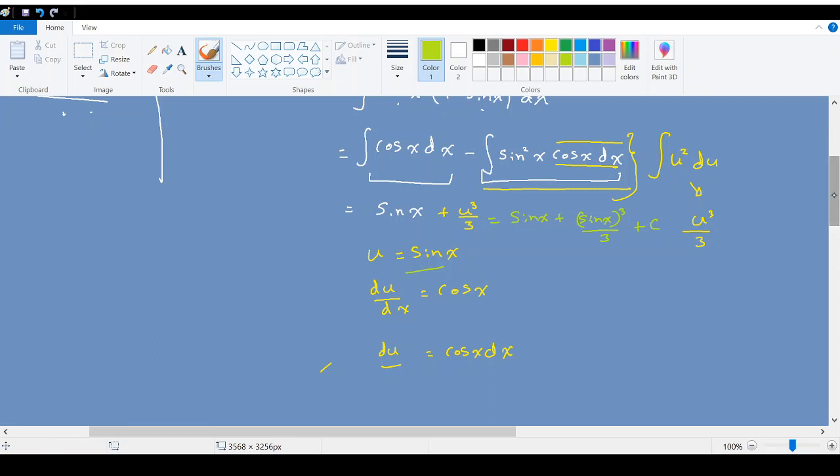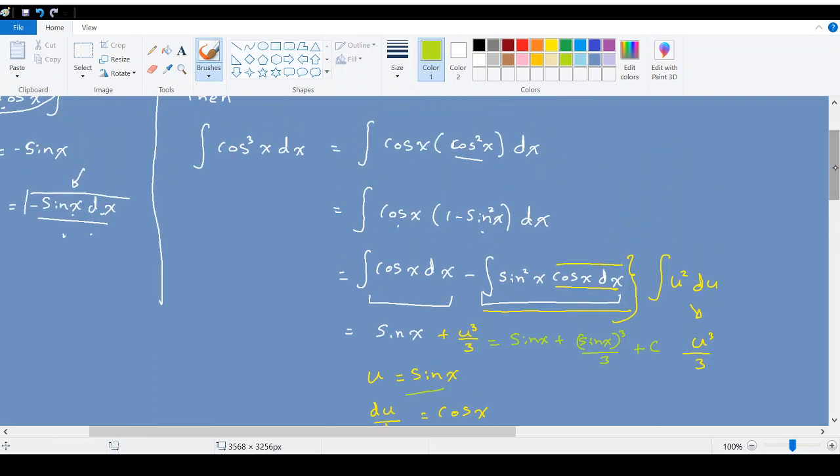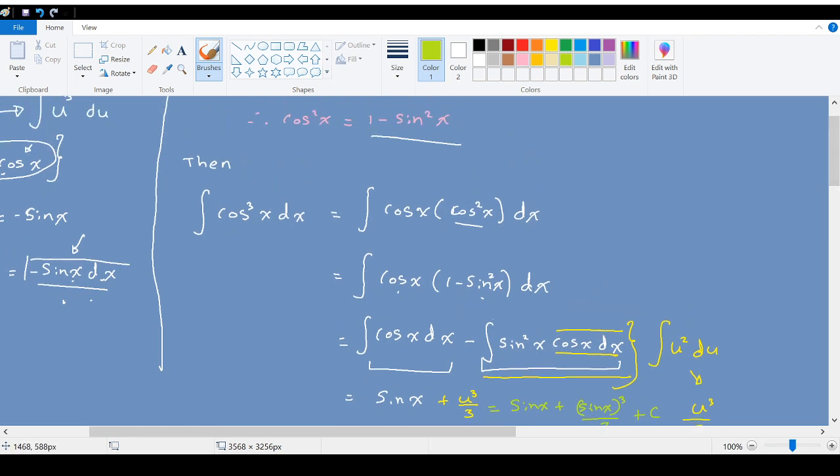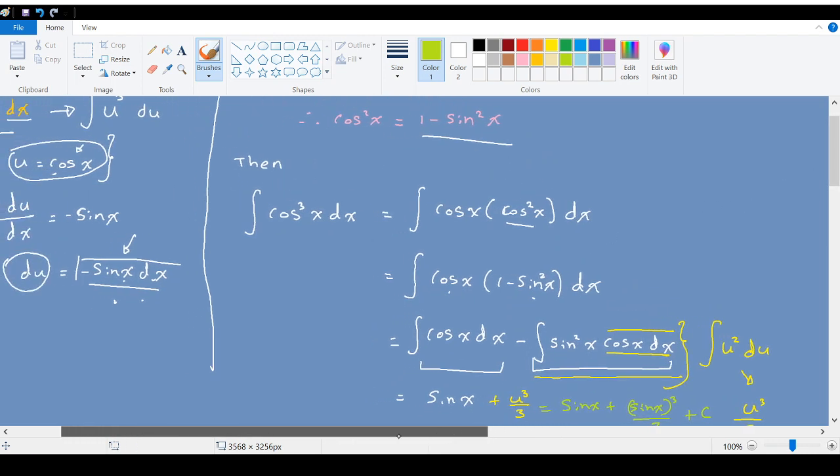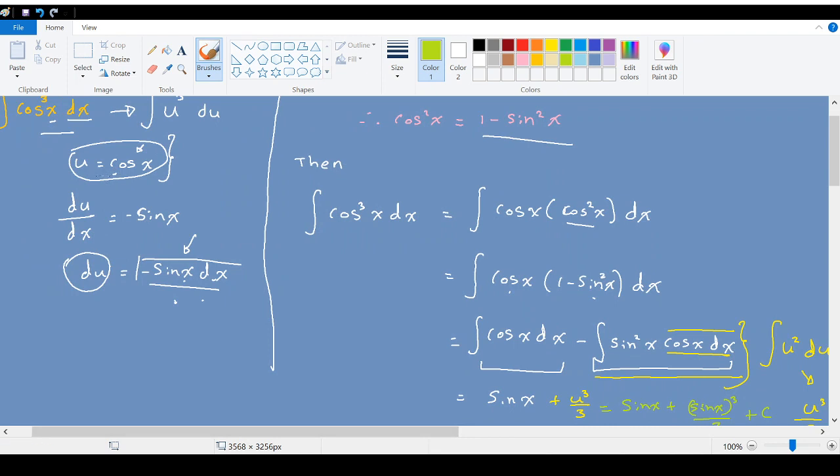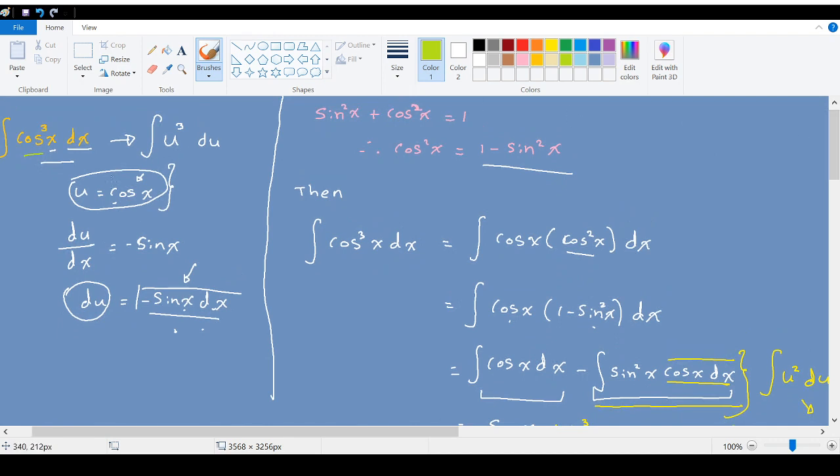Now the key point here is that at the very beginning we tried to use the substitution directly. Since this is in terms of cosine x, we were trying to use the substitution u equals cosine x, right? But there was a problem of this term.